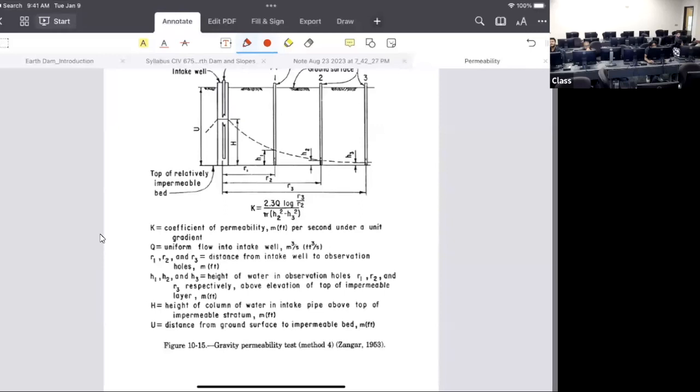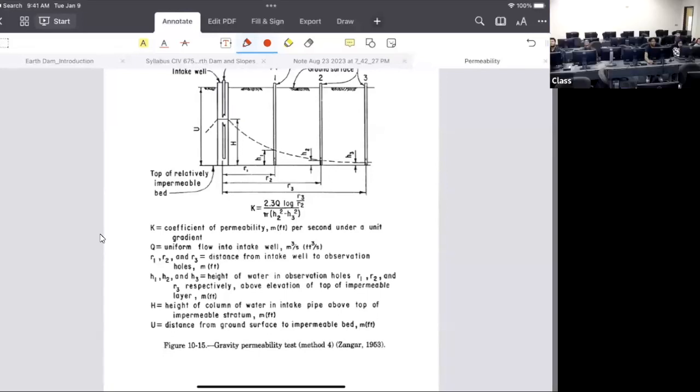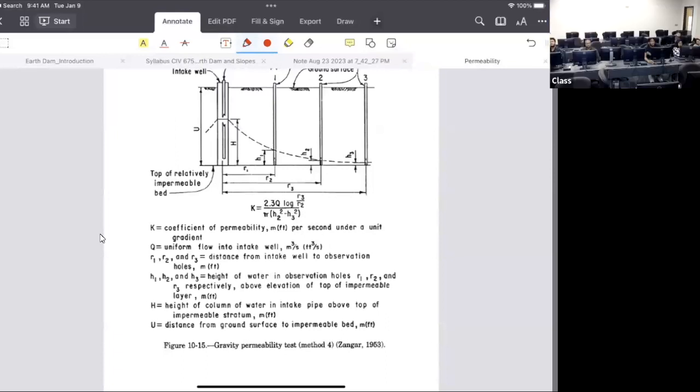Falling head, say it again. Falling head for fine materials like clays, and constant head for sand. So you're saying the opposite of what Sai said.